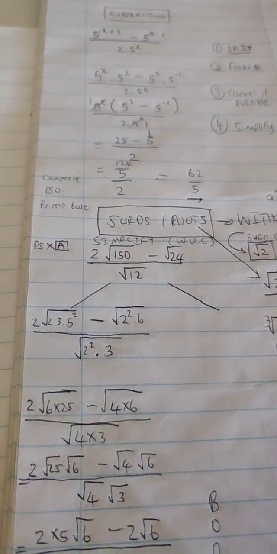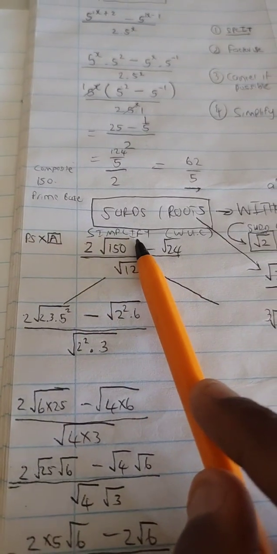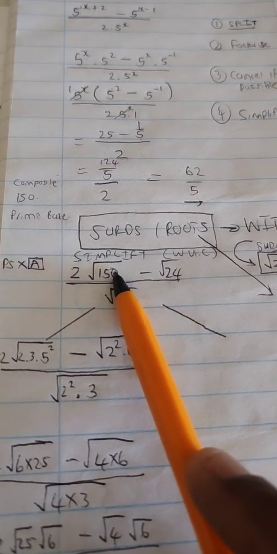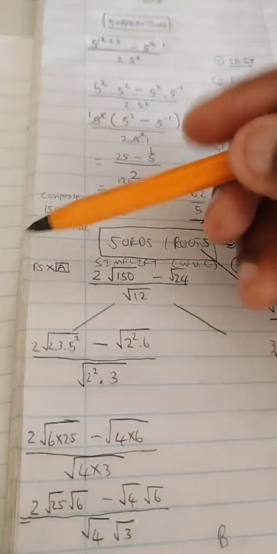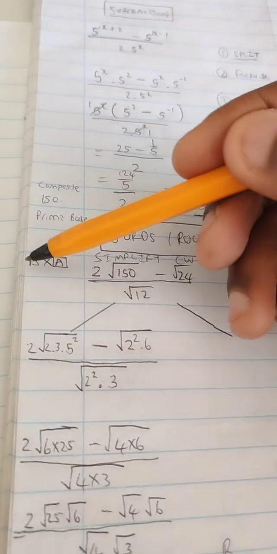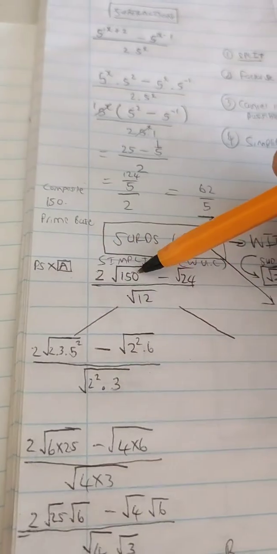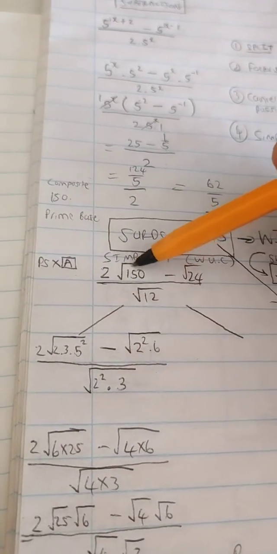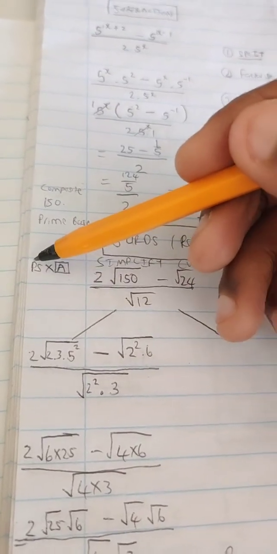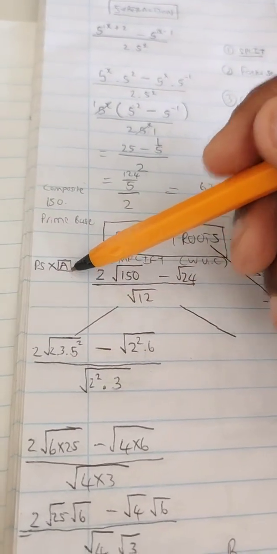So what we first do when we are approaching these questions, because we have a square root, we are interested that inside the square root, we get a product. By product, I mean a multiplication of a perfect square and another number. So 150 needs to be broken down into a product of a perfect square number and another number.